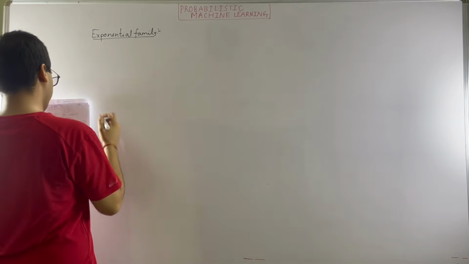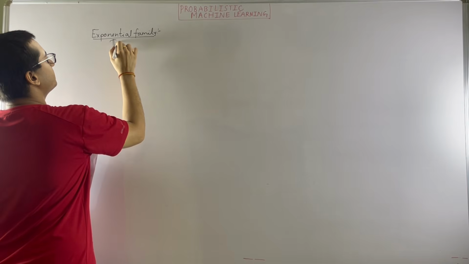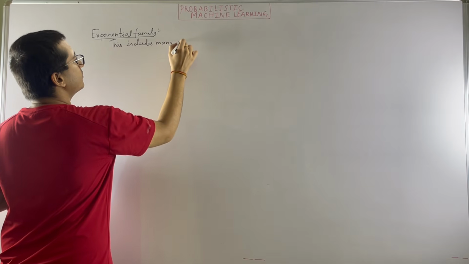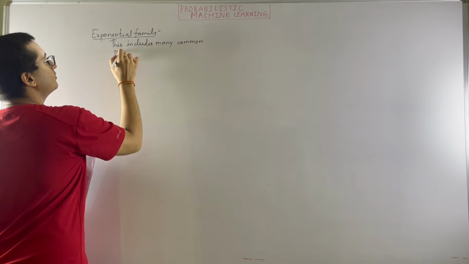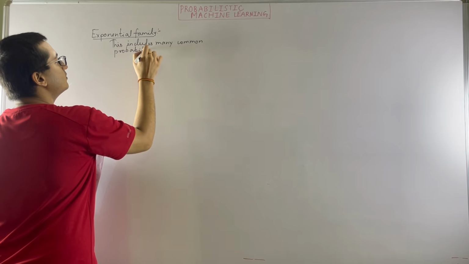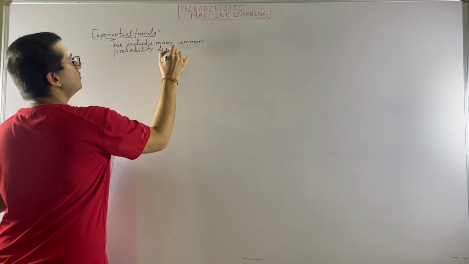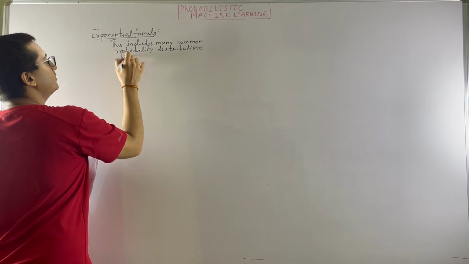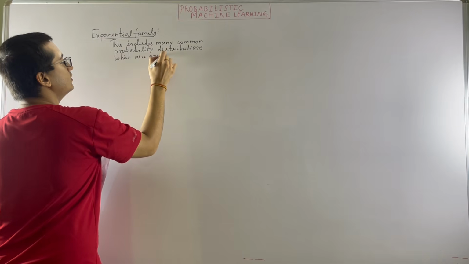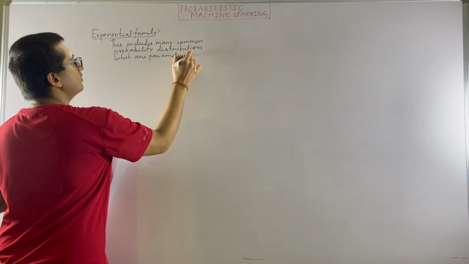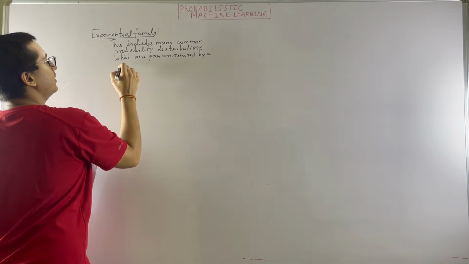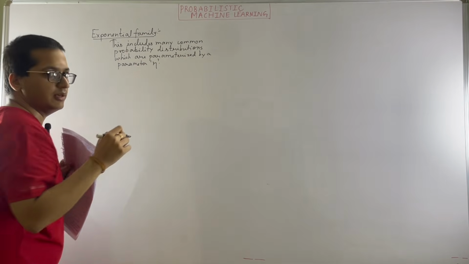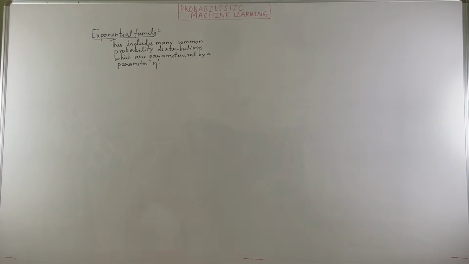So this includes many common probability distributions which are parameterized by a parameter called eta. We'll come to the natural form of it and how we write it down.